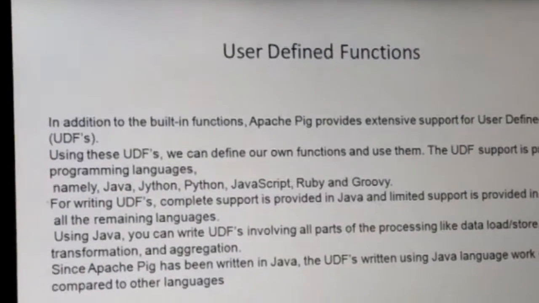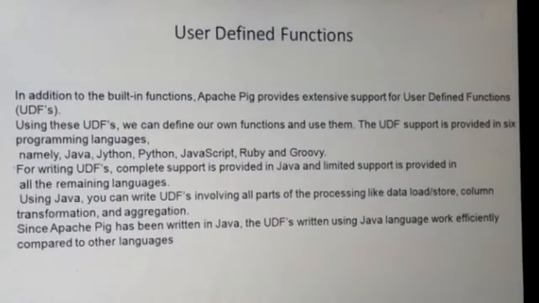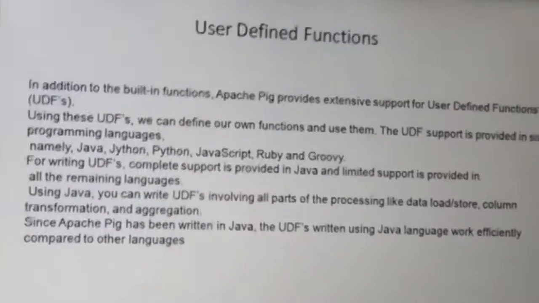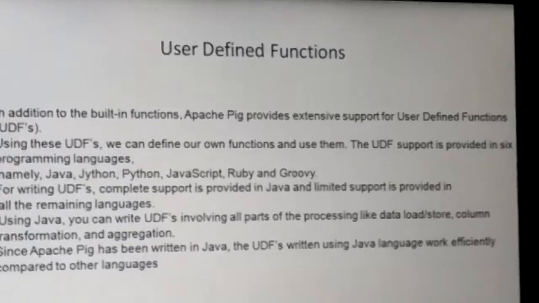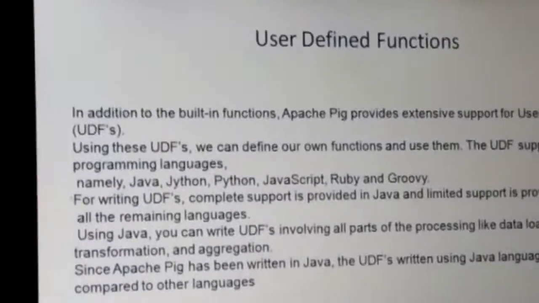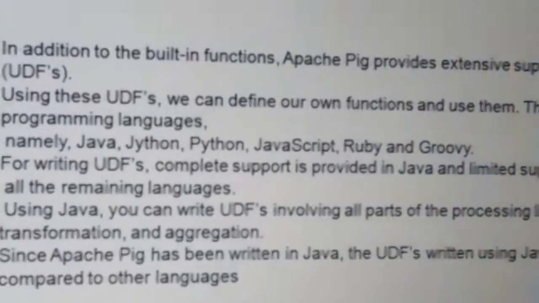Then in addition to the built-in functions which you have seen just now, Apache Pig provides extensive support for user-defined functions as well. Using these user-defined functions, we can define our own functions and use them. The UDF support is provided in 6 programming languages, namely all these.